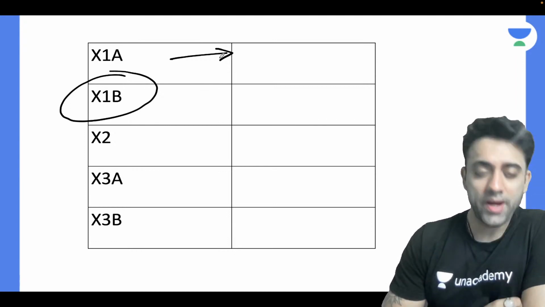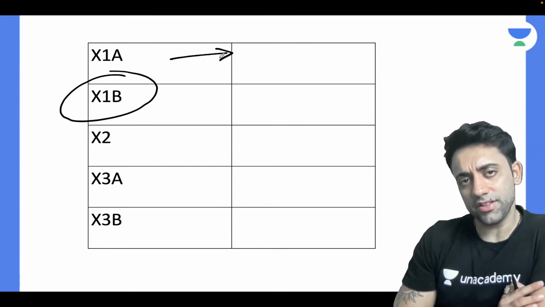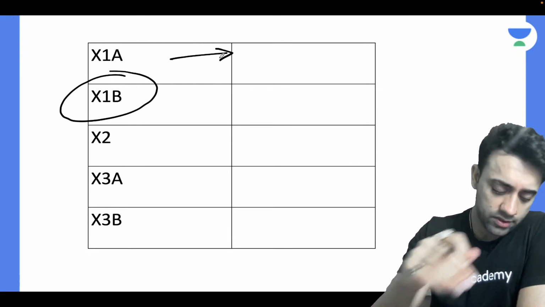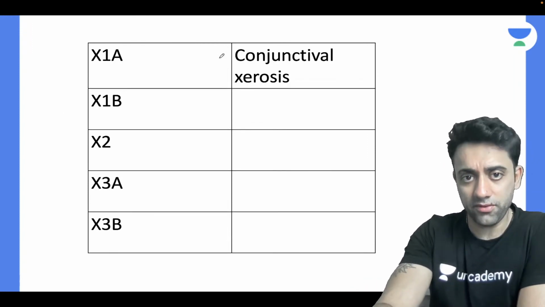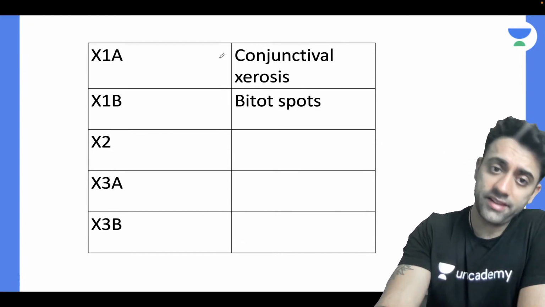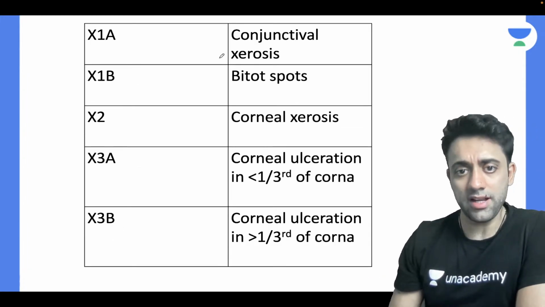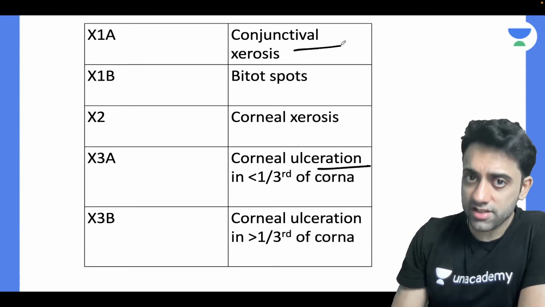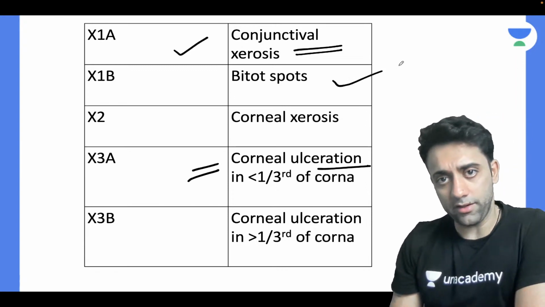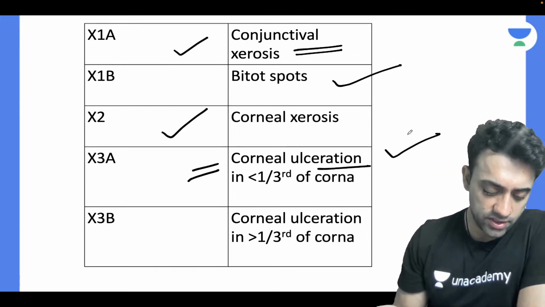First there will be conjunctival xerosis, then Bitot spots, then corneal xerosis, and then corneal ulceration. Please remember, first comes the conjunctiva, then the cornea. Conjunctival xerosis, Bitot spots, corneal xerosis, corneal ulceration, less than one third and more than one third of the cornea.